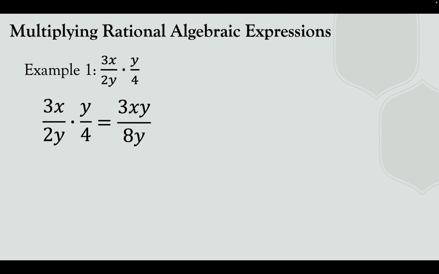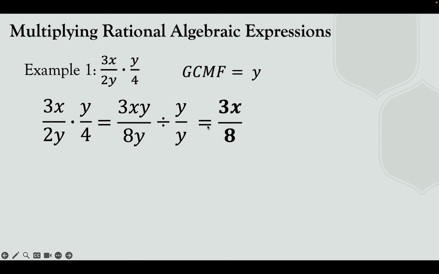So we have 3x times y, we have 3xy, then 2y times 4, we have 8y. And then find their GCMF. Their greatest common monomial factor is y. So divide both numerator and denominator by y. So 3xy divided by y is 3x, and 8y divided by y is 8.